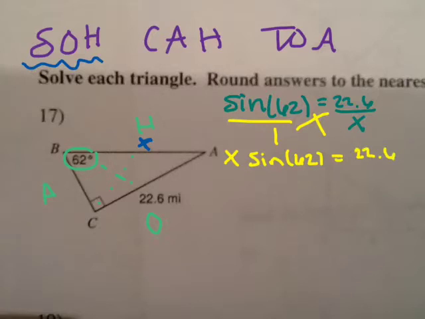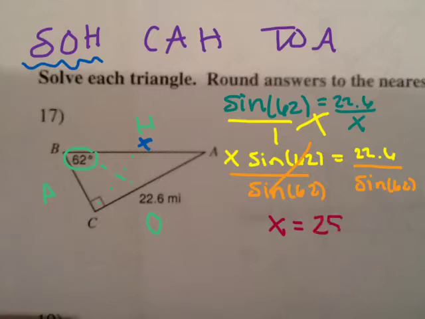Well, we want to get x by itself, so we're going to divide by the sine of 62 on both sides. Cancel there. So then we have x equals, again, just plug that into your calculator. You're just going to do 22.6 divided by the sine of 62. That's about 25.6. So this side is 25.6.